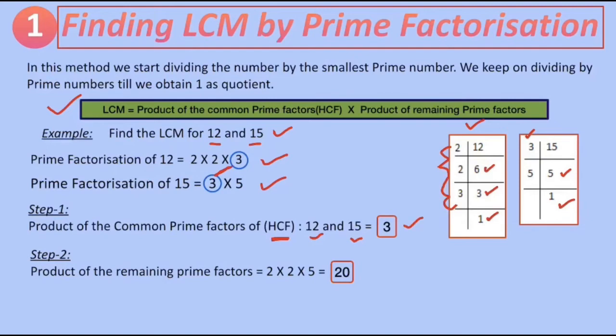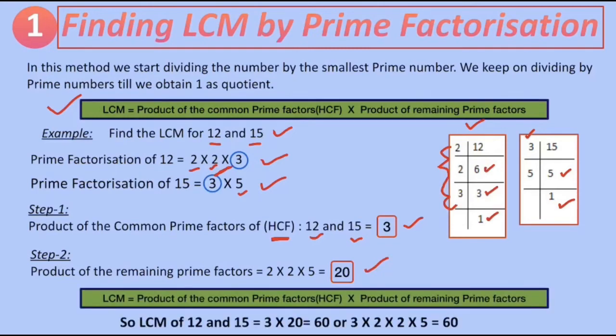The next step is, we need to find the product of the remaining prime factors. Here the remaining prime factors are 2 into 2 into 5. That is 2 into 2 into 5, which gives 20. Now we will write the HCF and the product of the remaining prime factors in the formula.